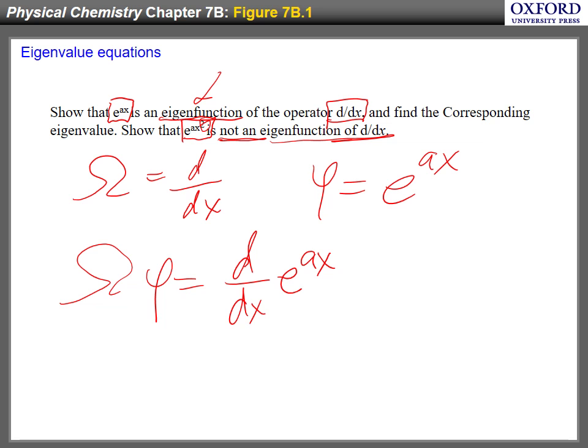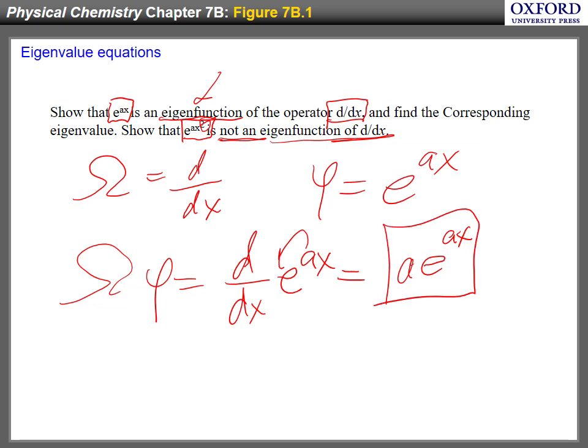d/dx of e to the ax. That, in turn, going back to the basic integration and differentiation, equals a times e to the ax, right?